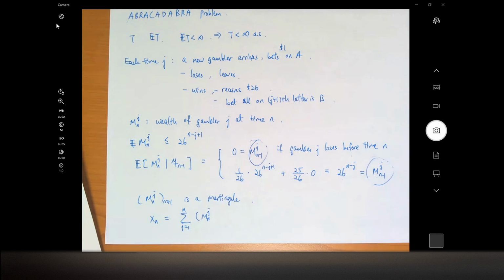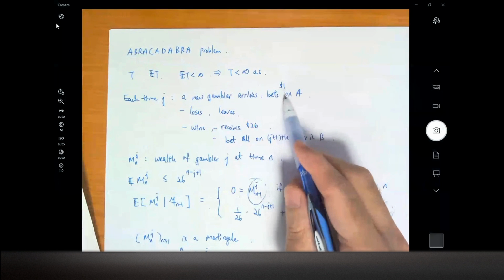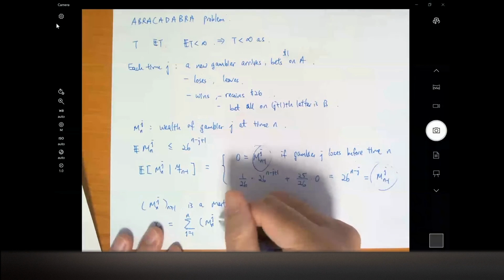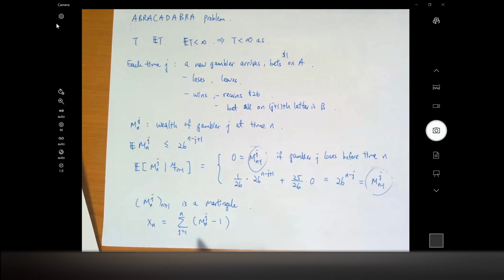At each time you have a new gambler coming, so I'm going to add up the payoff of all the gamblers up to time n. Because the gambler at the beginning takes in $1, I'm just counting the payoff, so minus 1. So this is basically the gain, the total gain or total payoff of all the gamblers at time n.